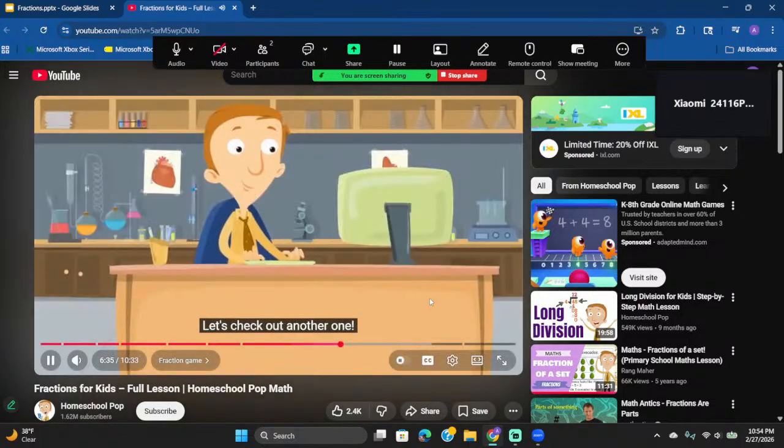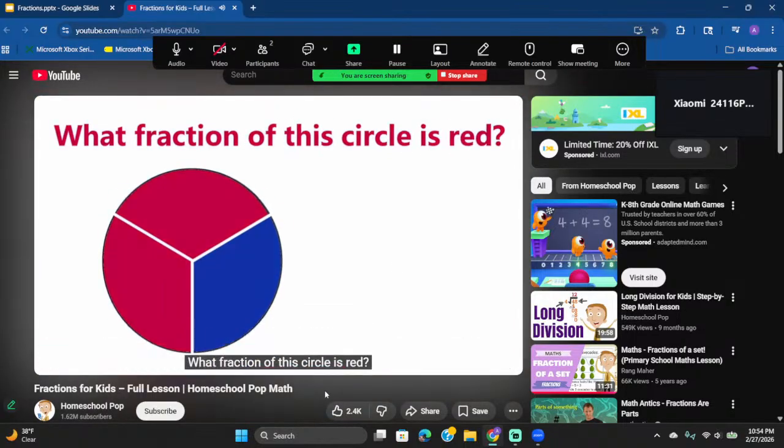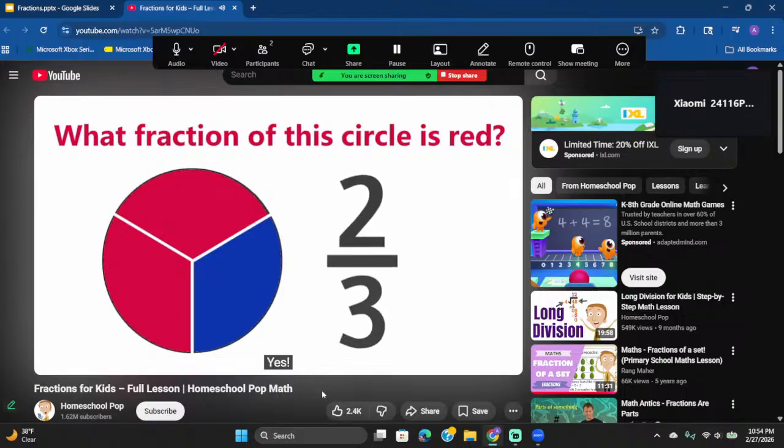You know what? Let's check out another one. What fraction of this circle is red? Yes, 2/3. 2/3 of the circle is red. Fantastic.